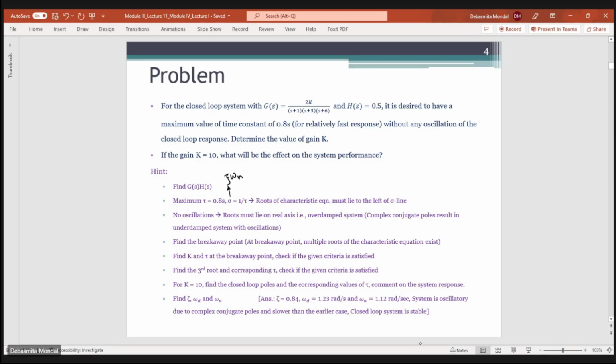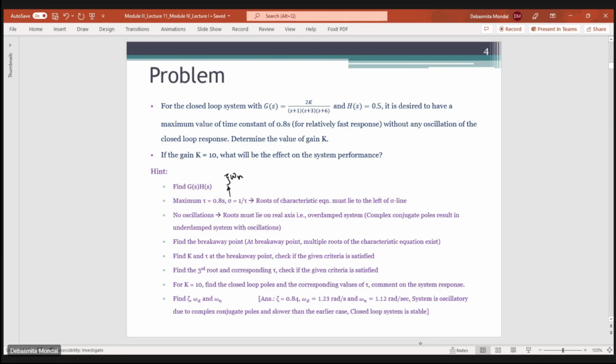Okay, so given all these things, you have to find out the value of K for which this condition is satisfied. So what you need to do is find the breakaway points, and if you remember, a point is known as a breakaway point if there are multiple roots of the characteristic equation at that point.